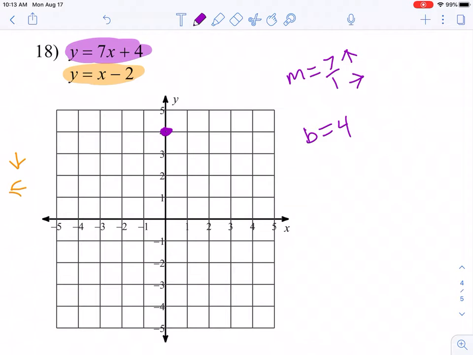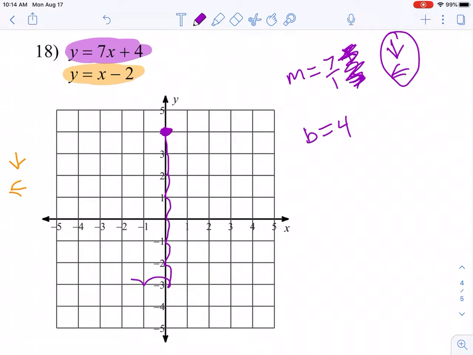And I cannot go up 7. There's no way. There's just not enough graph. So instead, I have to do the exact opposite. I'm going to go down and left. So those are what I'm going to do, not these. So I'm going to count down 7. 1, 2, 3, 4, 5, 6, 7.